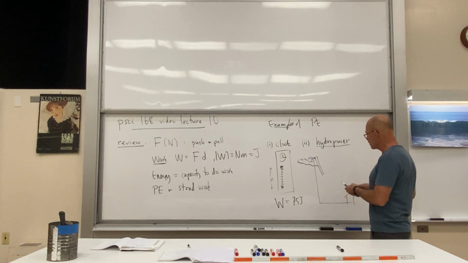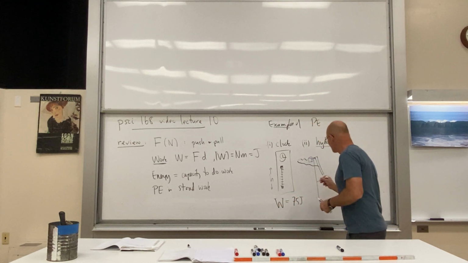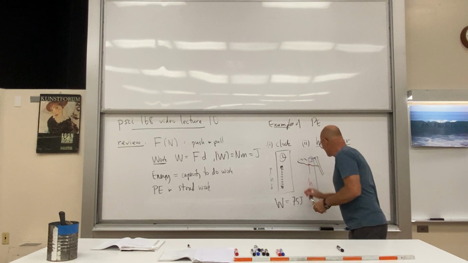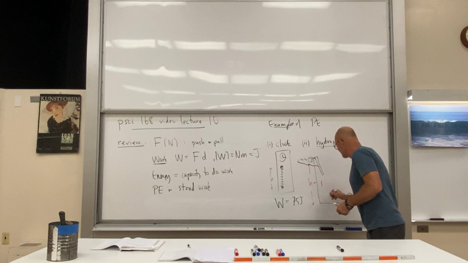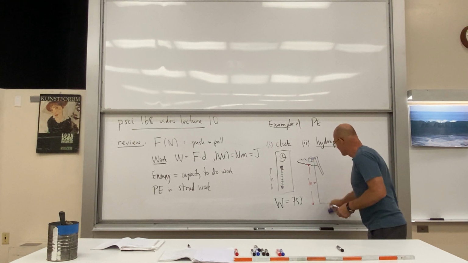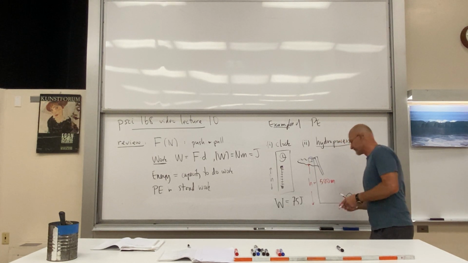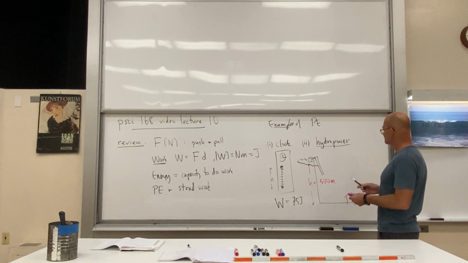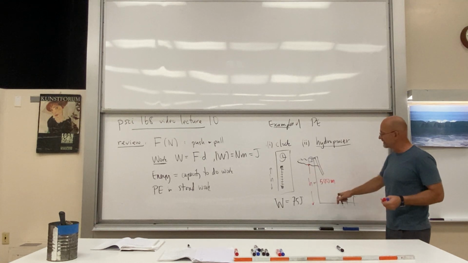So we have 1 cubic meter of water, and the height that it is above the powerhouse is, we'll say 500 meters. We can have more than that. 500 meters is a good number. That's realistic. And the water runs down a big pipe.